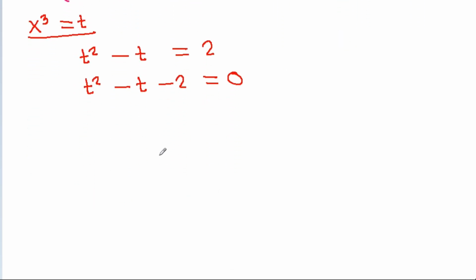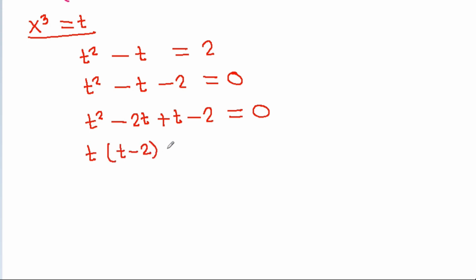And it is t^2 - t = t^2 - 2t + t, so t^2 - 2t + t - 2 = 0. And t^2 - 2t is t times (t - 2), plus (t - 2), is equal to 0.